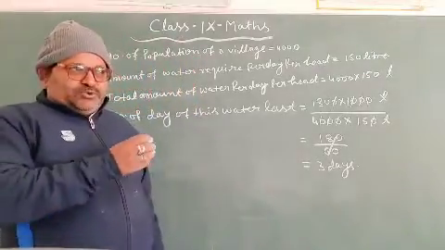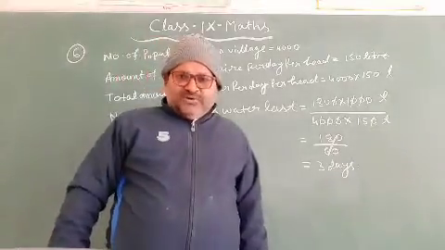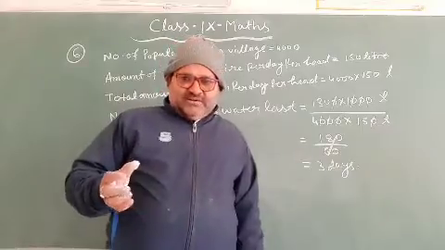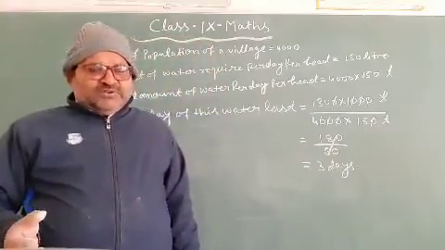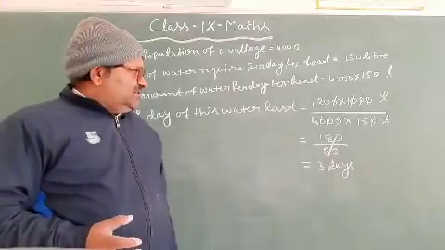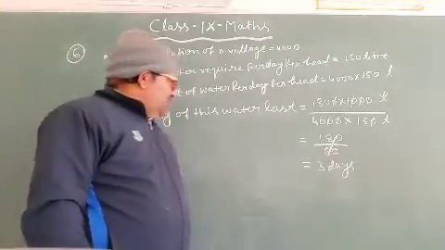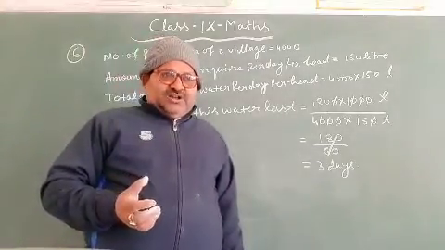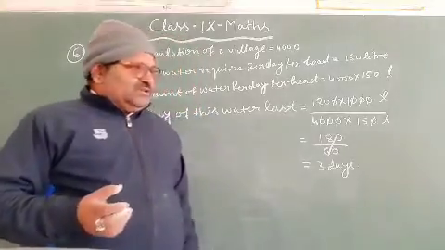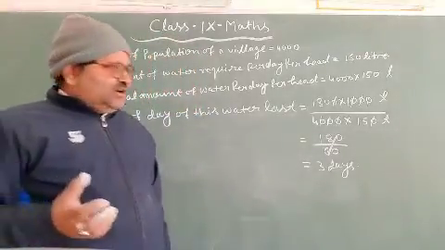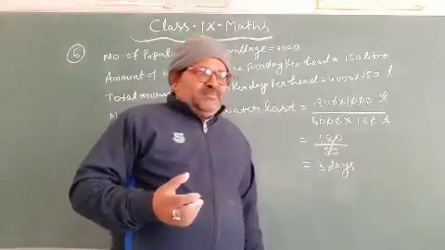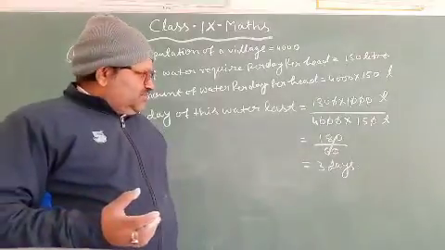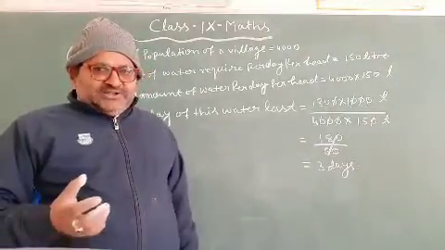So first we find the volume of the water tank, and we multiply by 1000 to get the result in liter, and therefore the number of days the water of the tank will last. So 1800 into 1000 upon the total population into water consumed per head is equal to 180 by 60.